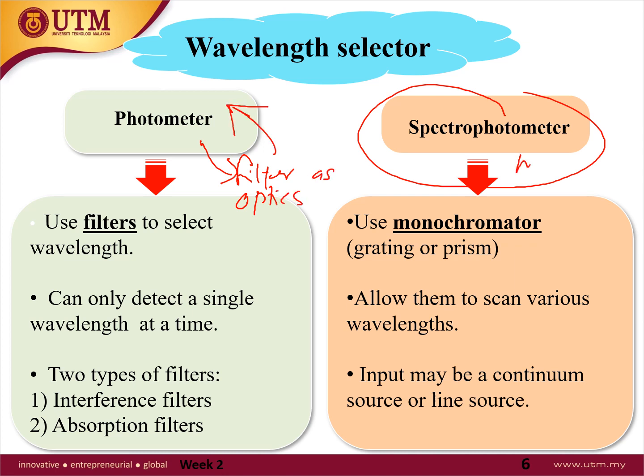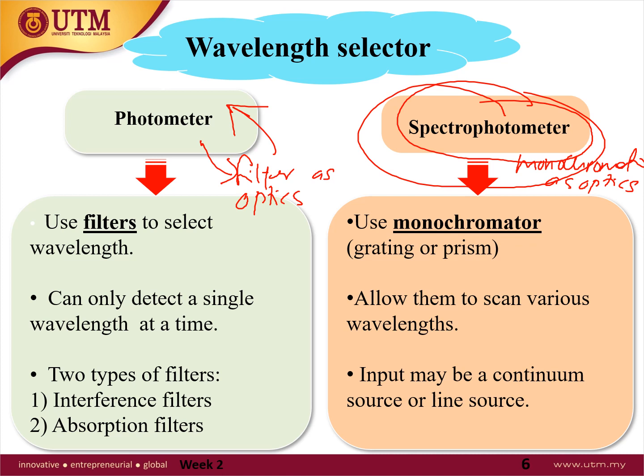If you are using a monochromator as your optics, then you are using a spectrophotometer. That's why when you do chemical analysis next time, you have to see whether you should use a photometer or a spectrophotometer.